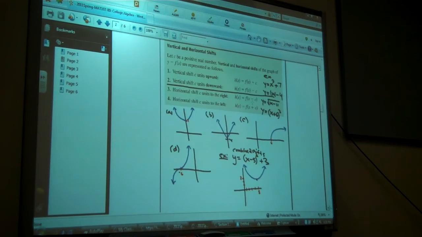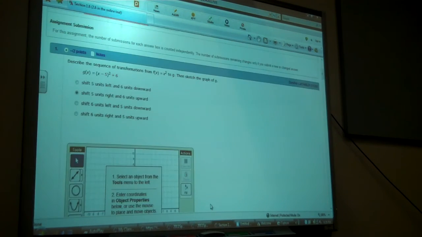When you take away inside with the x, that's a shift to the right. When you add at the end, that's a shift up. So the answer to this question is that we're going to shift 5 units to the right and shift 6 units up.